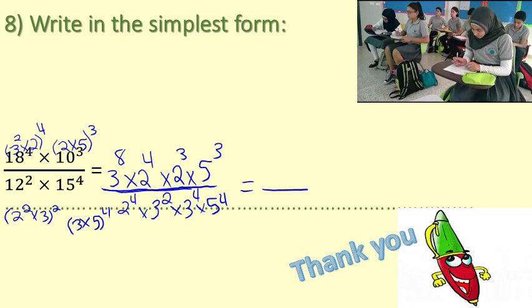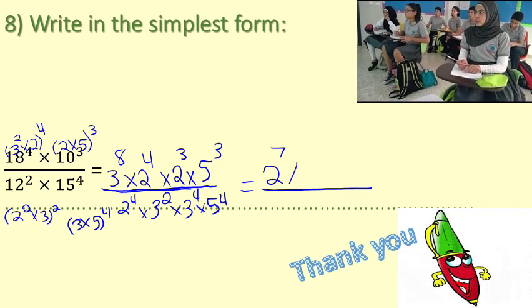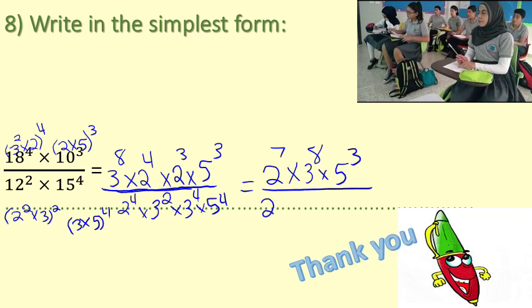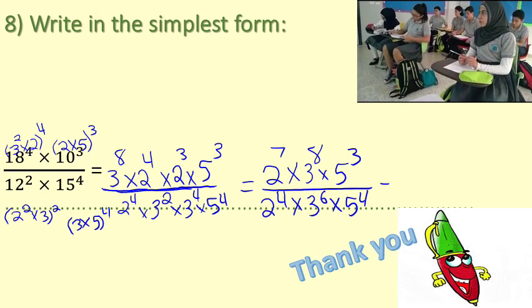Now we should see if we have the same bases. Up we have 2 to the power 7, times 3 to the power 8, times 5 cubed. Down 2 to the power 4 times 3 to the power 6 times 5 to the power 4.